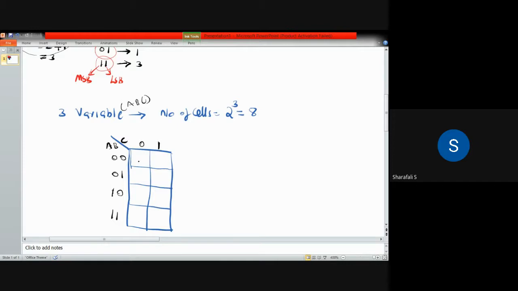Now one more thing that you have to remember is that this address position that we represent by 0, 0, 0, 1, 1, 0, 1, 1 follows Gray code.